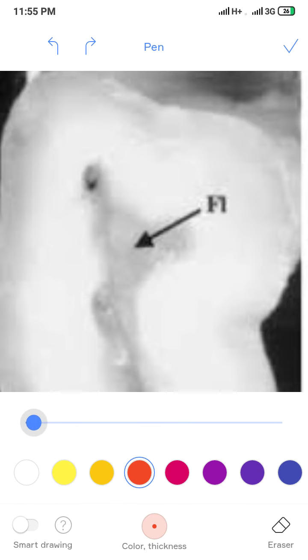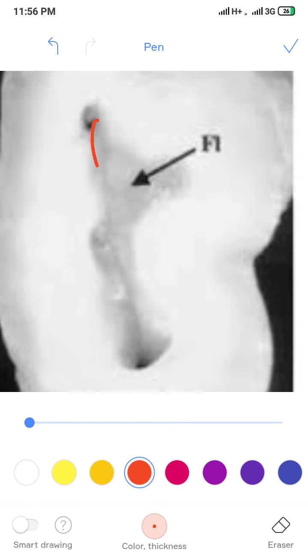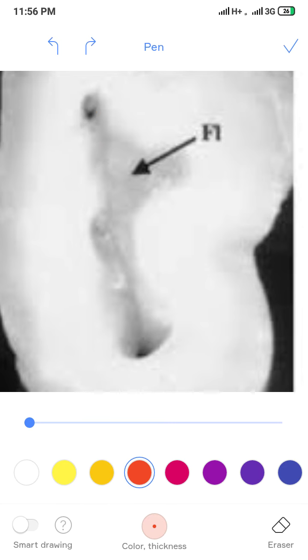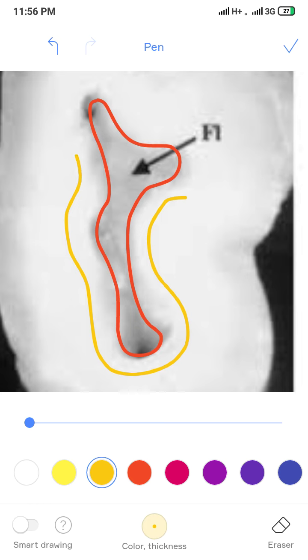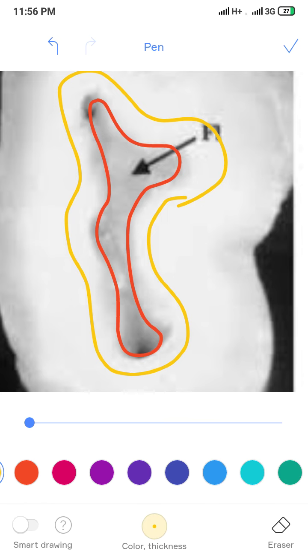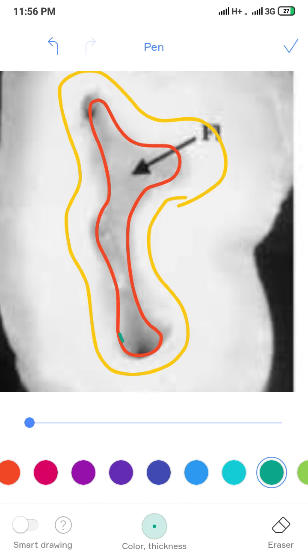So let me make it thinner a little. So this is our floor, right? And say this outer region is our wall, and the major canals will be located in the joining line of these two.